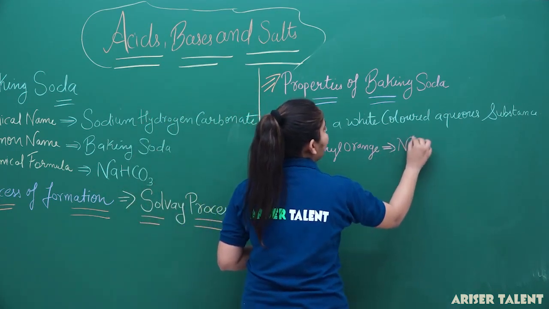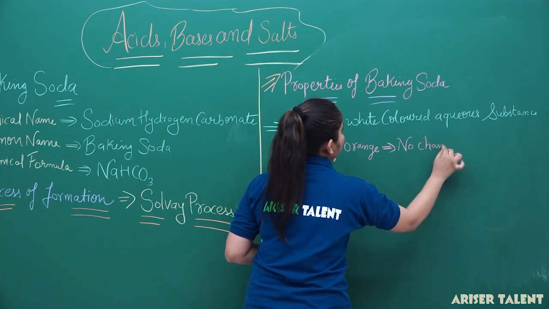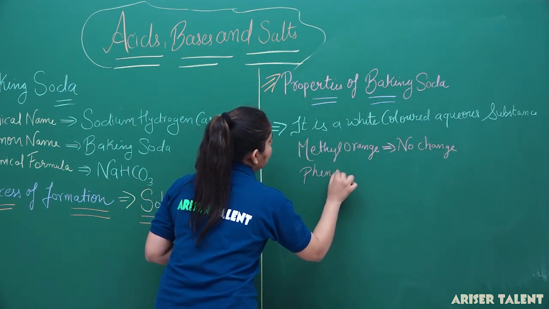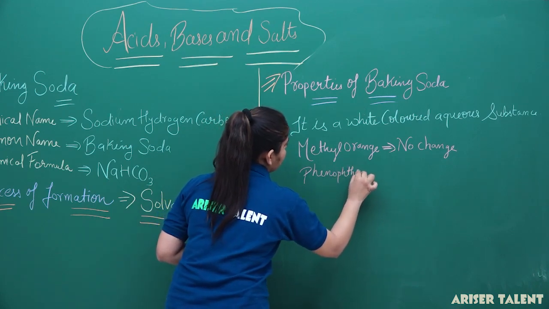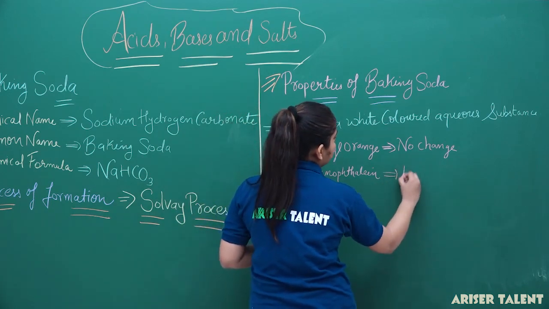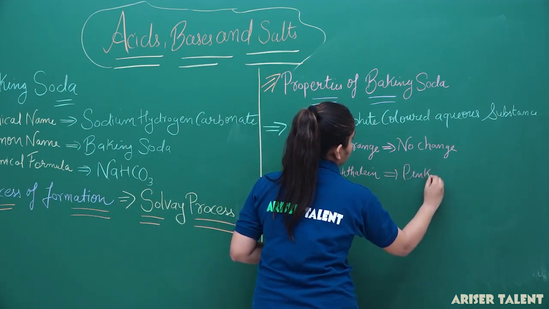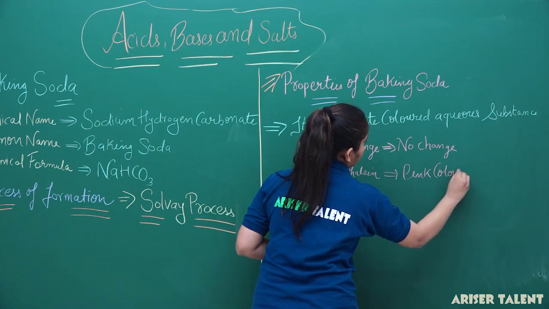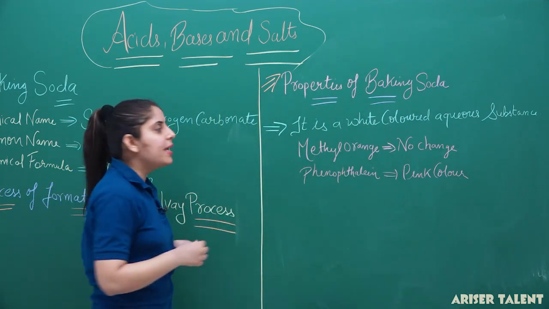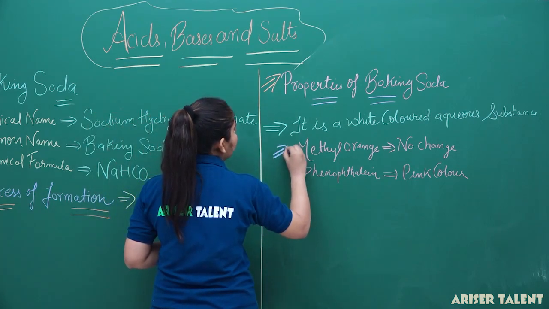So in case of methyl orange, there will be no change. But in case of phenolphthalein, it will slightly change into the pink color. So these are the general two properties or characteristics of baking soda, that it will show the color change.